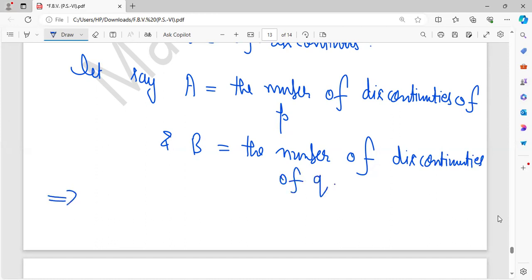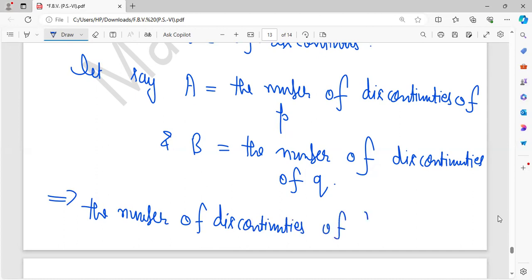Then this implies the number of discontinuities of f is contained in the union of A and B. Okay, because the union of the discontinuities of p and q will contain the discontinuities of f.